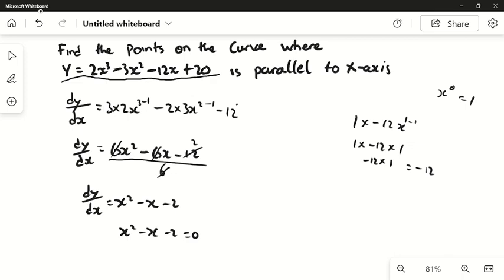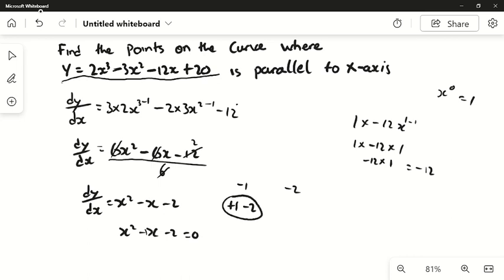Factorizing this, what can we add to give us minus 1, since the coefficient of x is minus 1, and when we multiply the numbers, it gives us minus 2? I can say plus 1 and minus 2. Plus 1 minus 2 gives me minus 1. Plus 1 times minus 2 gives me minus 2, because 1 times 2 is 2, and plus times minus is minus. So these will be my factors.